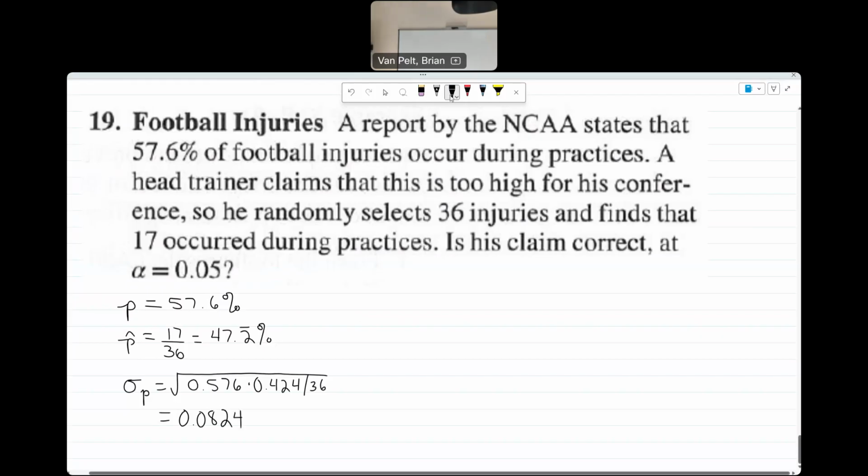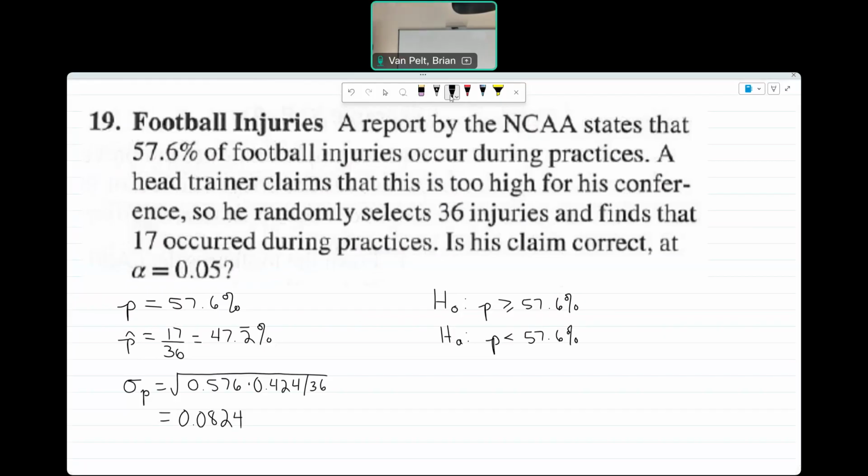These are the necessary numbers that you'll need, make sure all yours match up with mine. The H sub A is the less than one.